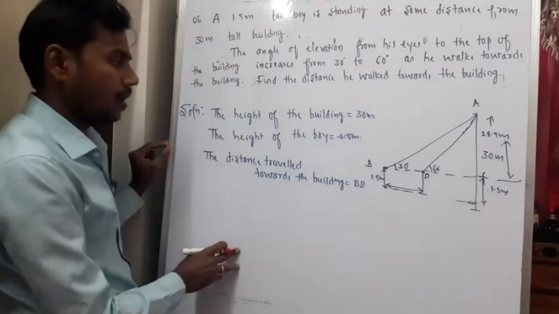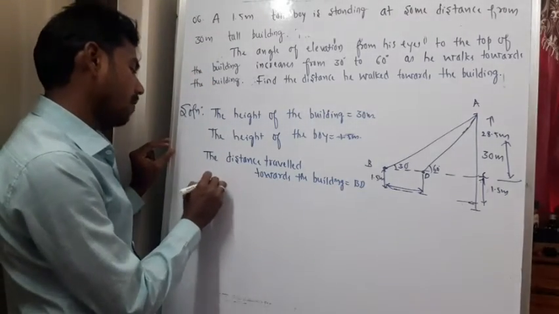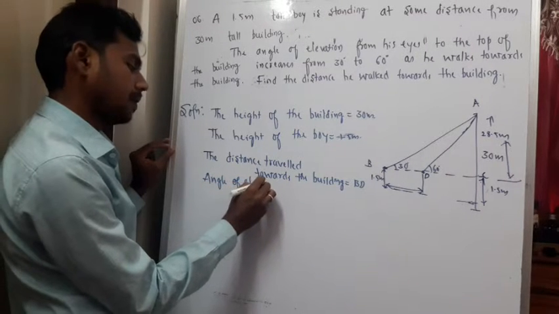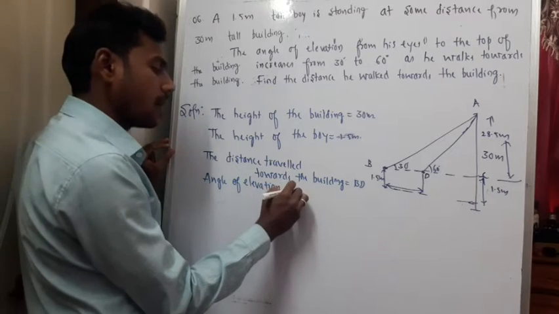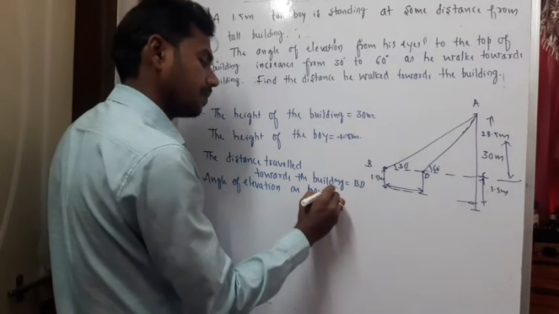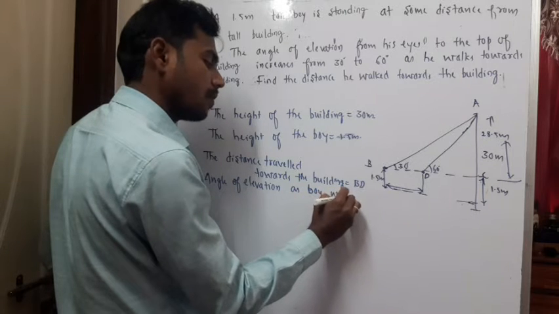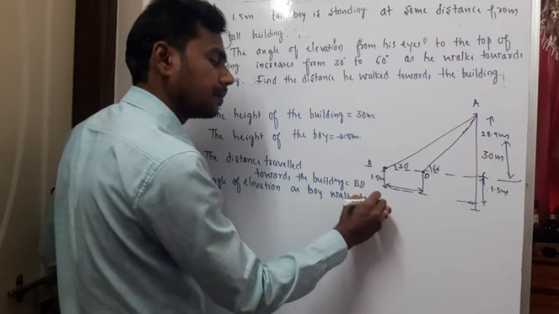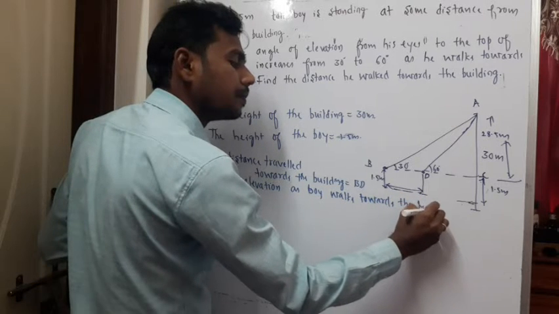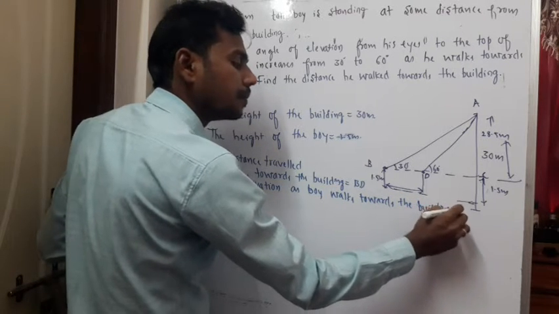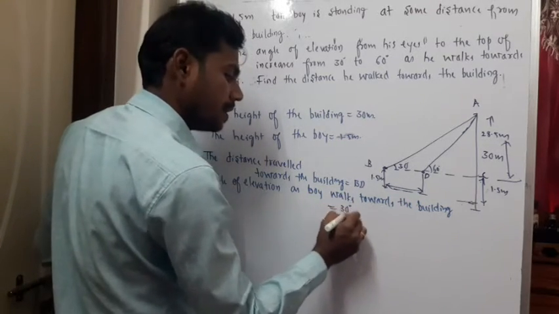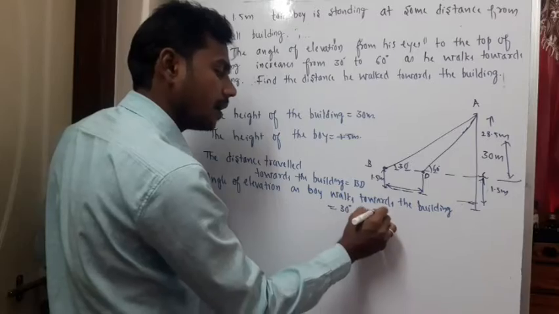Okay. Angle of elevation as the boy walks towards the building. Okay, it is 30 degree initial and 60 degree later.